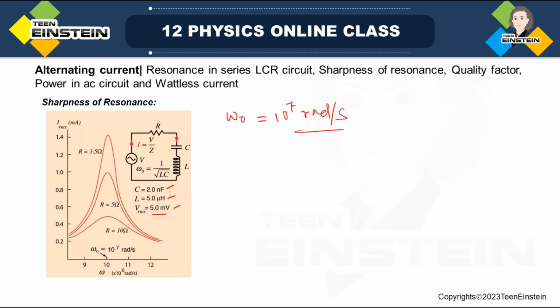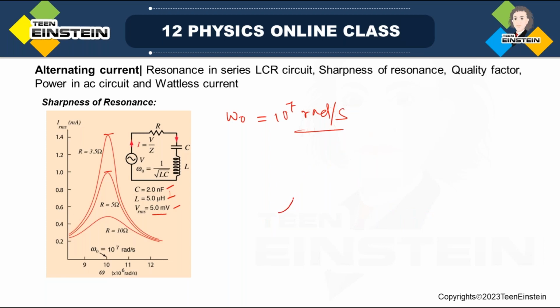And here you can see the maximum value of the current, and not only that, the shape of the resonant curve. A resonance curve always has a peak at the resonant frequency. In general, the resonant curve will always be of bell shape.